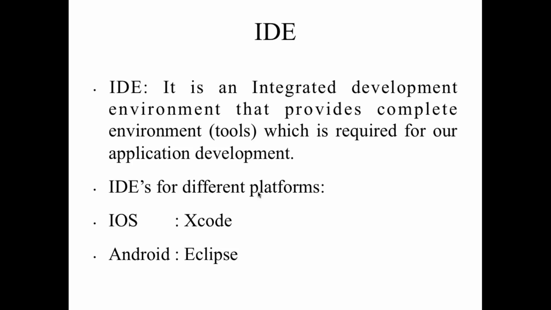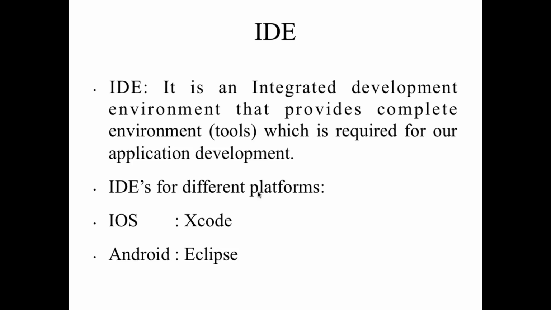So along with the editor and console, we need a few other tools for designing the UI. That is called Interface Builder. And we want to see the output, because here it's UI programming. I have to see the output in a device, not in the console. I can't see the colorful design on the console. I need some other tool to see that output.